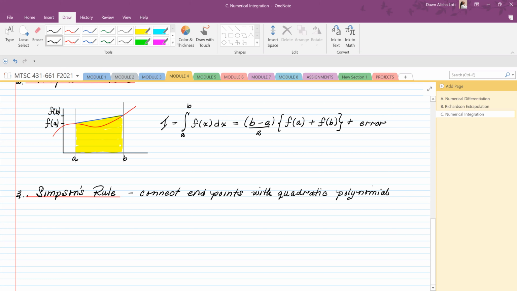Let's put my picture back again. So here's my picture. This time I want to connect this with some kind of polynomial. Let's say there's a quadratic function that looks like that and actually approximates it. Then our area is the area underneath the quadratic.